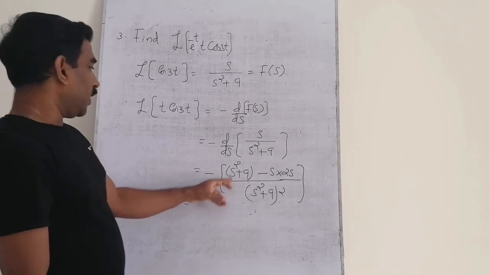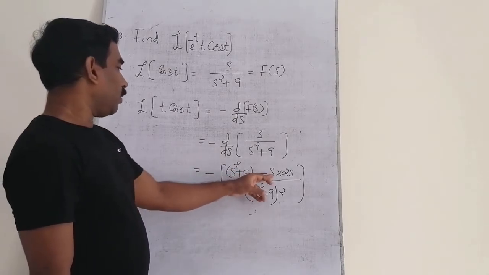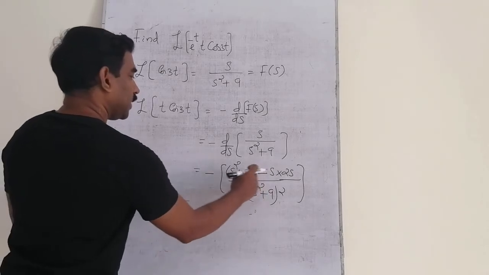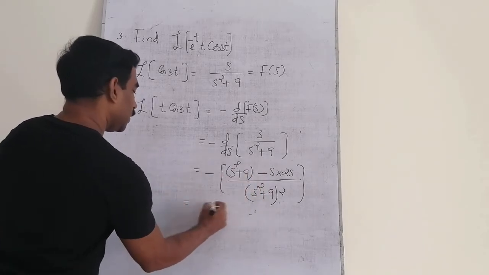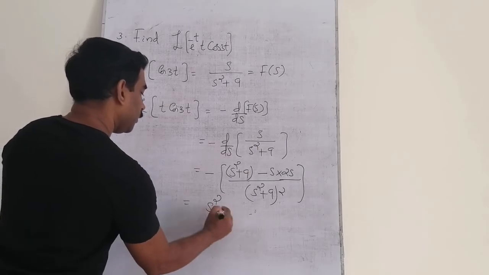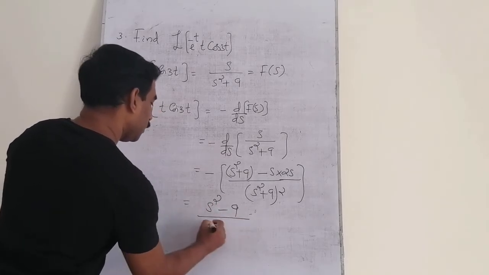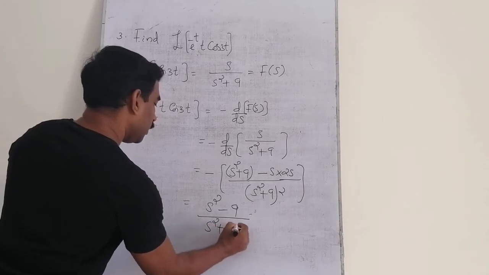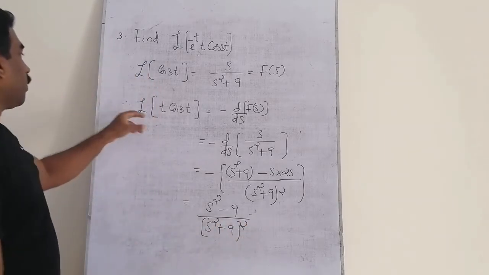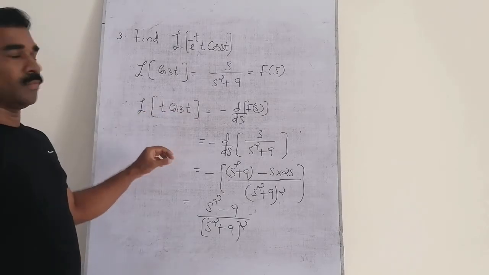Now simplifying, (s² plus 9 minus 2s²) gives minus s² minus 9 in sign-adjusted form, or this is (s² minus 9) divided by (s² plus 9) the whole square. So this is the transform of the product t cos 3t.